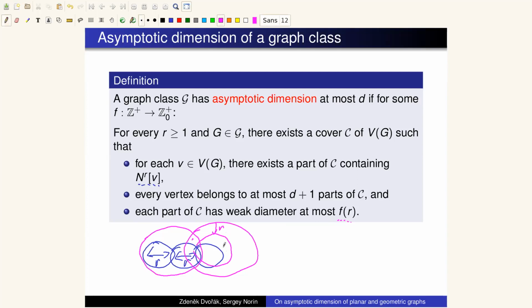In the resulting thing, every point will still be covered because every ball of radius R is within one of these sets. So if I shrink this set by R, its center still stays within the part.